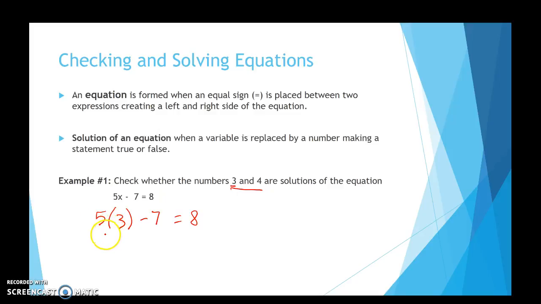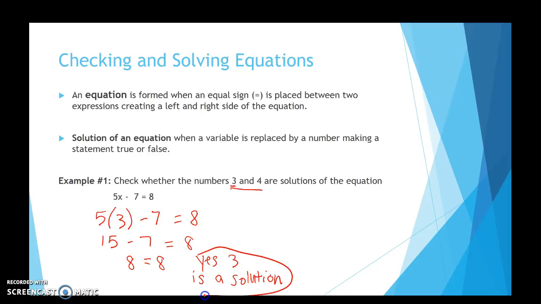So 5 times 3 is 15. 15 minus 7, does that give me 8? Well, it does give me 8. So 8 equals 8. And the question says, check whether the numbers are solutions of the equation. So 3 would be a solution. That would be your answer when you substitute in 3.